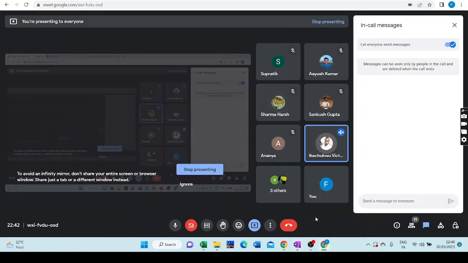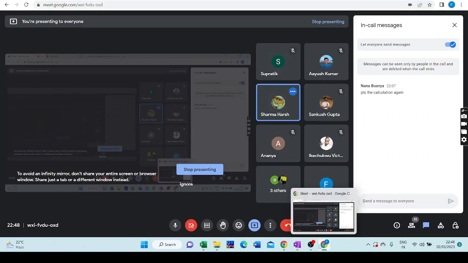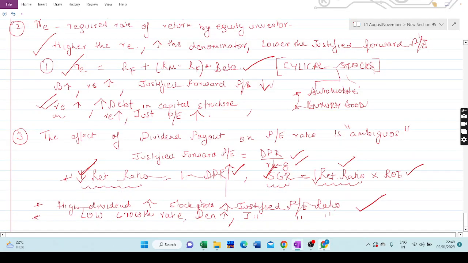Sir, please explain the high dividend part. A high dividend payout ratio should increase the stock price. If the DPR is in the numerator, then the higher the numerator, the higher the ratio. The higher the DPR, the higher the justified forward P/E should be, because dividend payout is in the numerator. But if dividend payout is high, then the retention ratio is low, right? Then growth will be low.